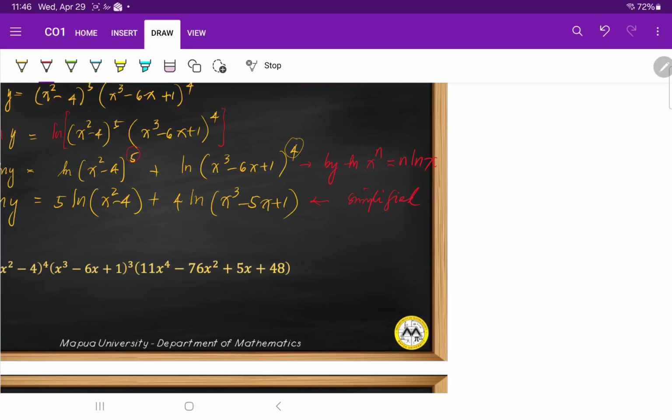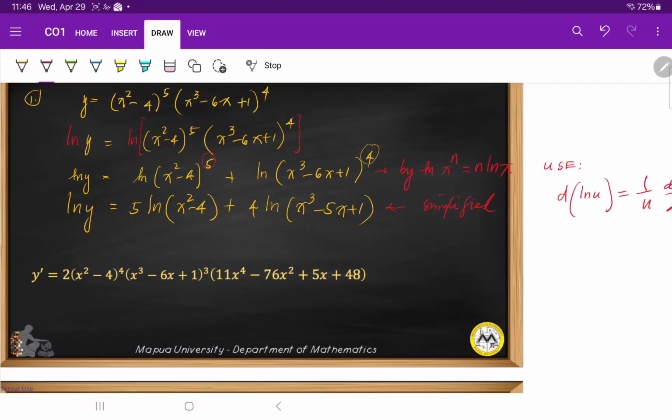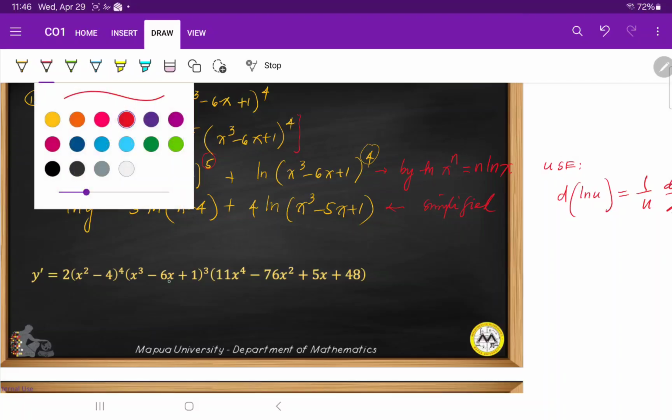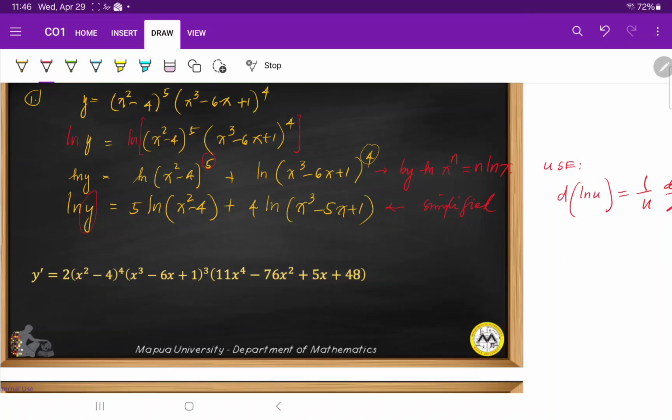We use the derivative of ln of u, which is 1 over u du dx. So the derivative is 1 over y times the derivative of y.